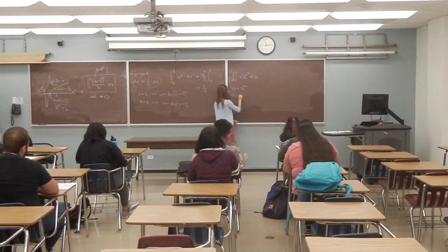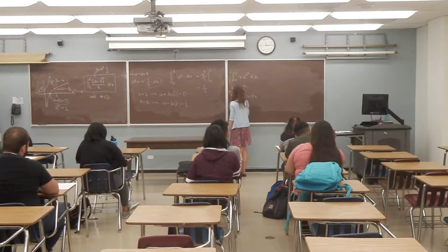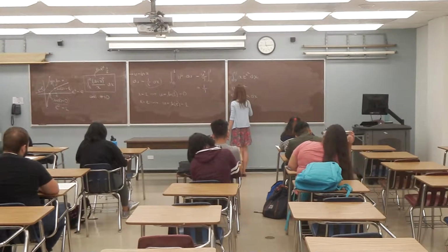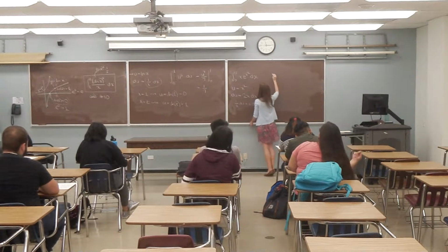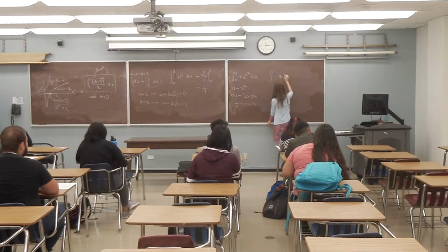And what happens when you take it to u? Divided by the 2. And then what happens if you change everything into u's? You've got e to the what? To the u.